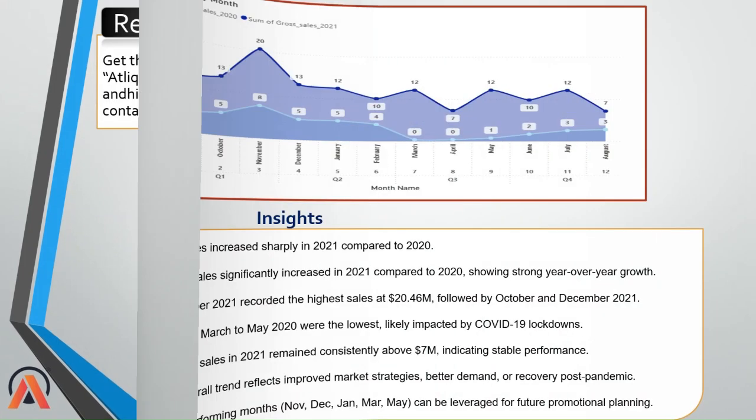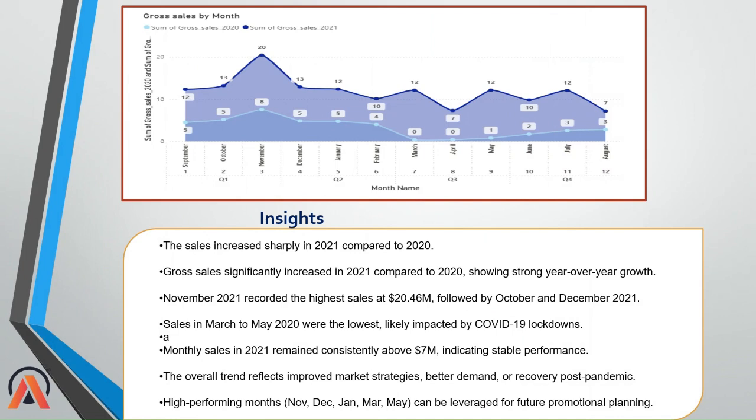The insight that we get from this output is that the sales increased sharply in 2021 compared to 2020. So we can see this is the line chart for 2020, and this is the line chart for 2021.